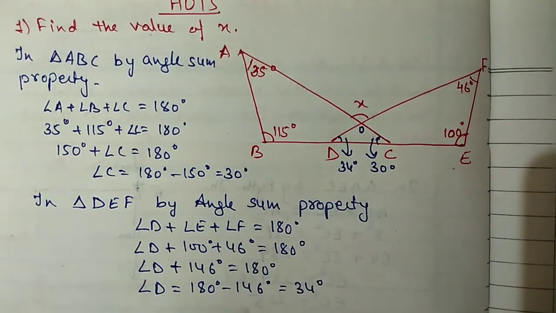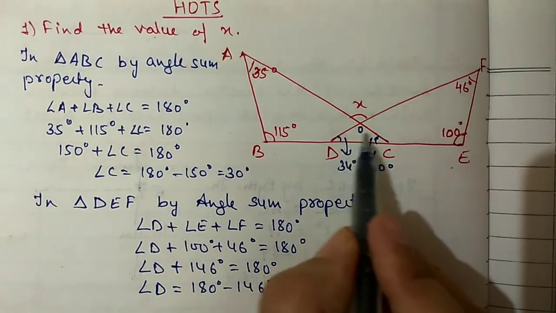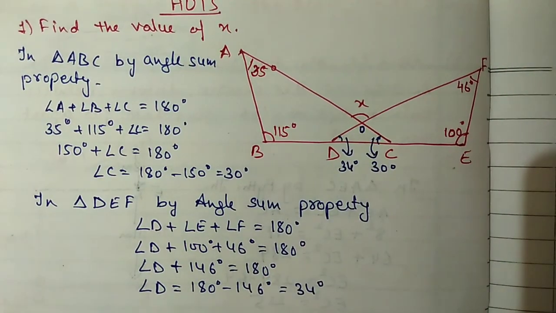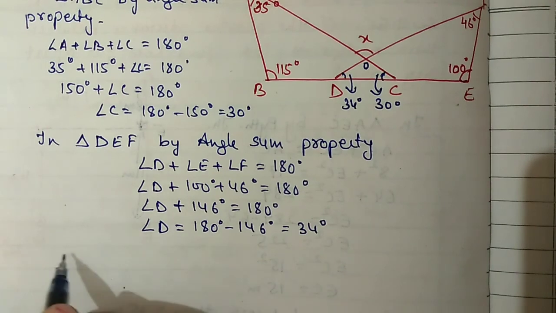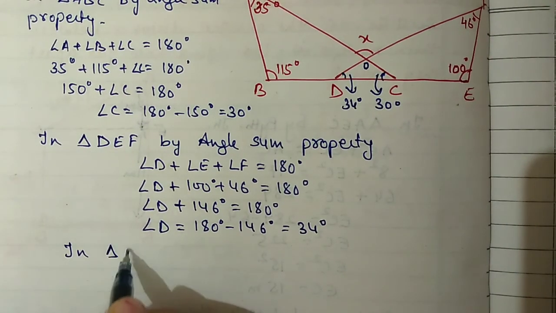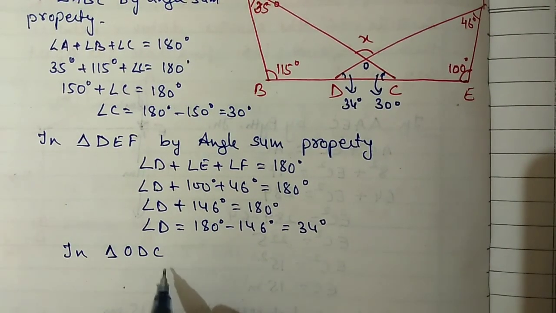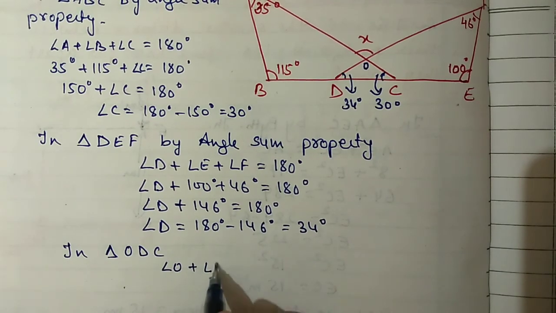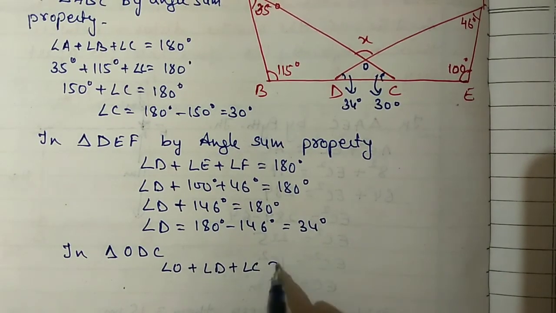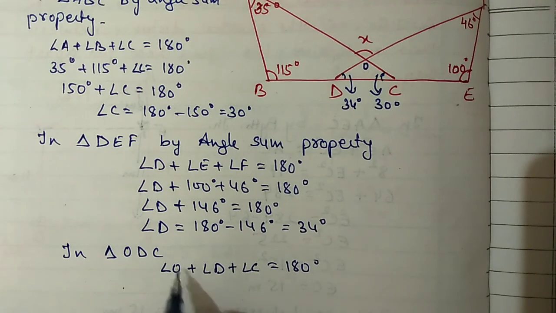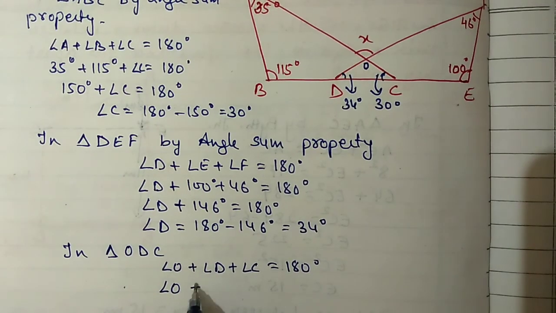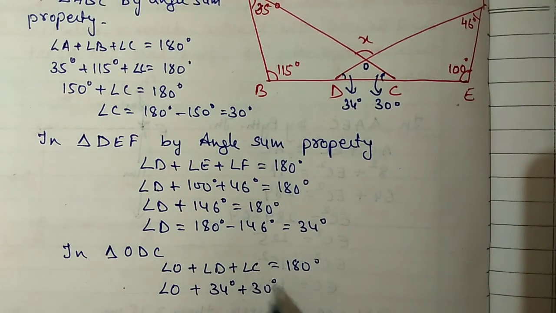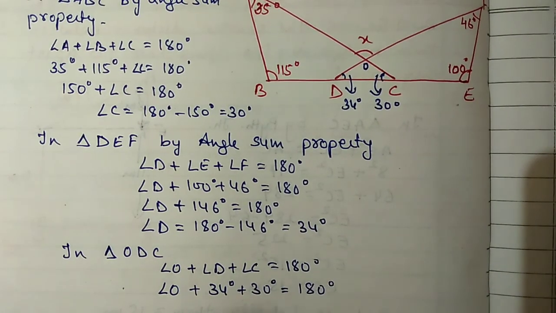Suppose it is O. In this triangle we can find out this angle O. So again in triangle ODC, angle O plus angle D plus angle C will be 180 degree. This is we have to find out. D is 34, C is 30 equal to 180 degree.